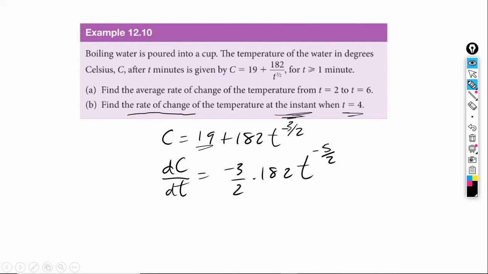And then we can simplify this, right, because this would be the same as 91.